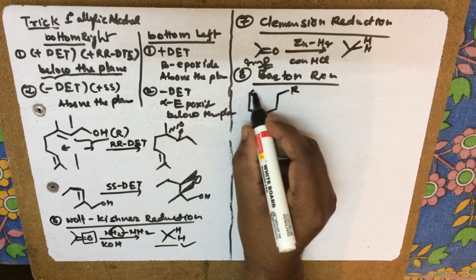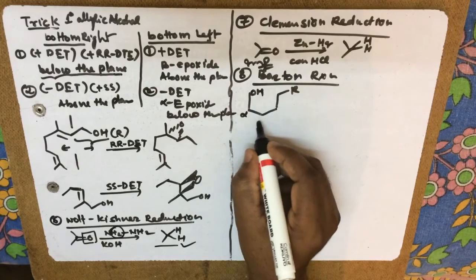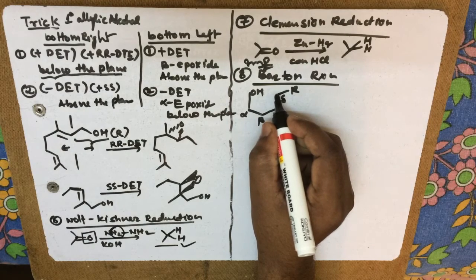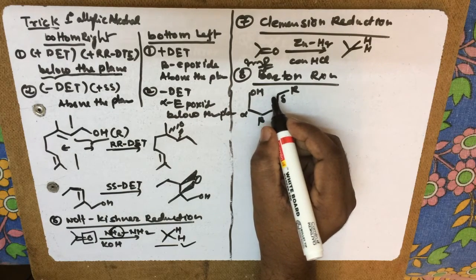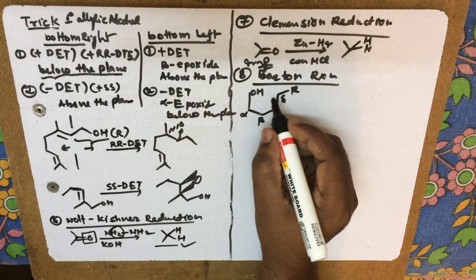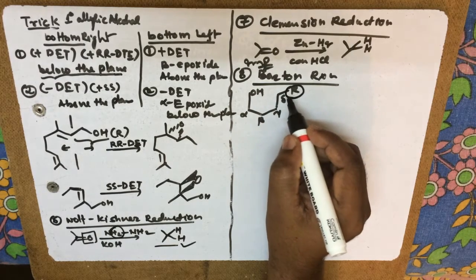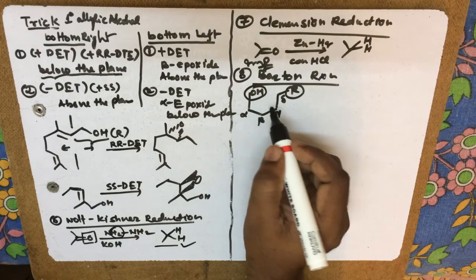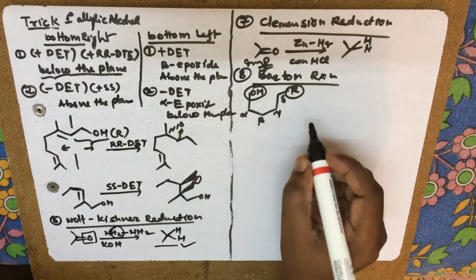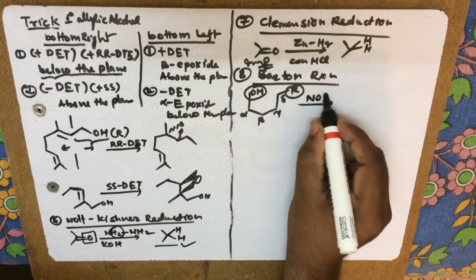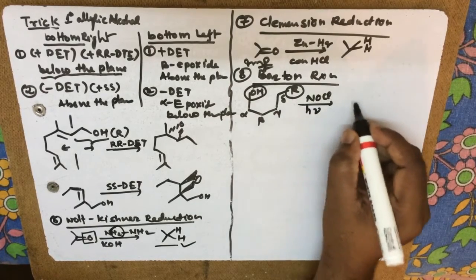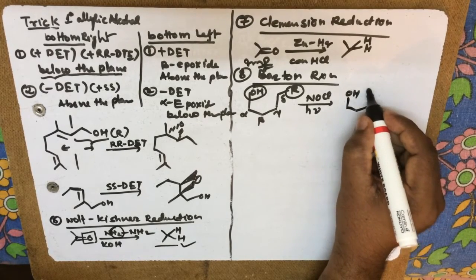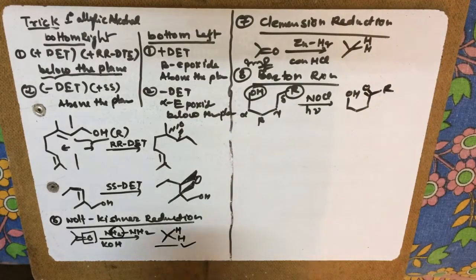So let's say you have this. You have OH here, and if you count alpha, beta, gamma, delta, delta is here. So you have an alkyl group at the delta position with respect to OH, which is converted into the CO group. How does this convert? This converts under NOCl under photolysis, like this.